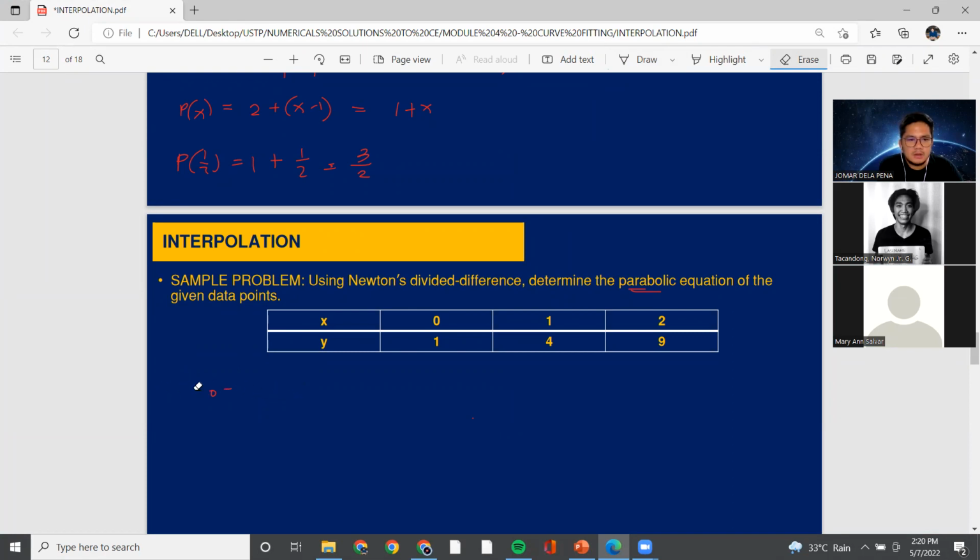Okay, so basta nga na lang siya ang function is based, no? Yang equivalent nga value is the y.